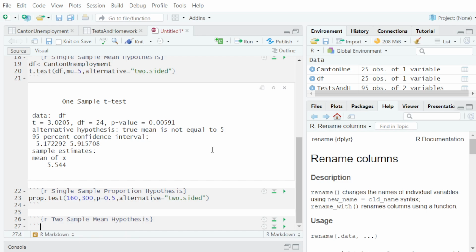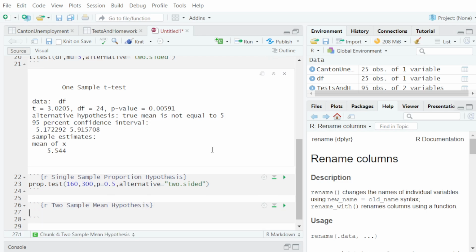So, what we're going to do here, I'm just going to give myself a little bit of space underneath this as well. What I'm going to do now, I'm going to load in some new data. And so our new data frame here, this is going to be that tests and homework. We have one column for those that did all the homework, one column for those that did not do all the homework. There we go.